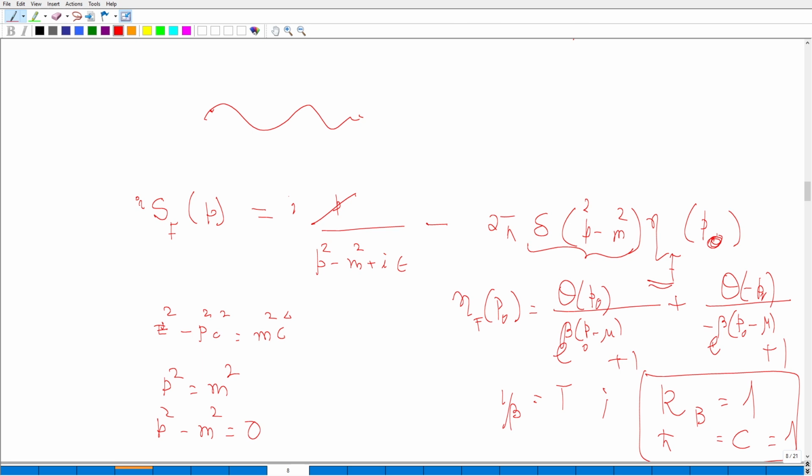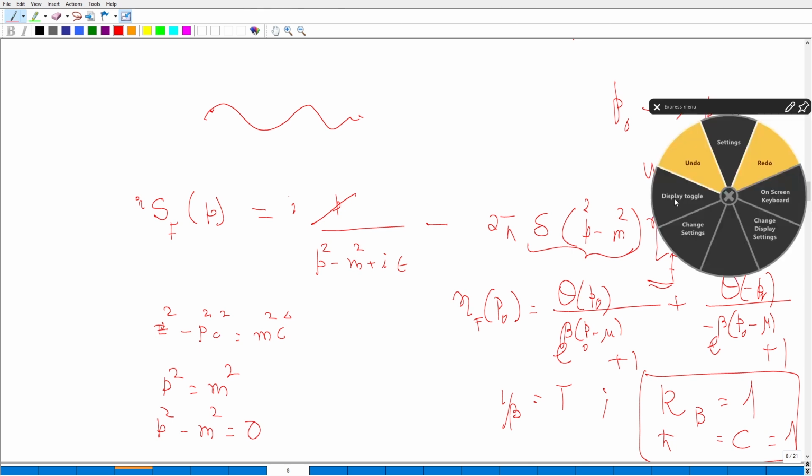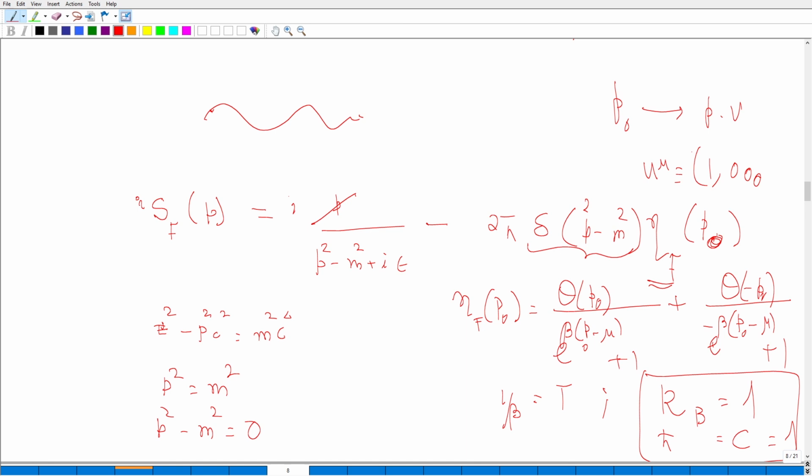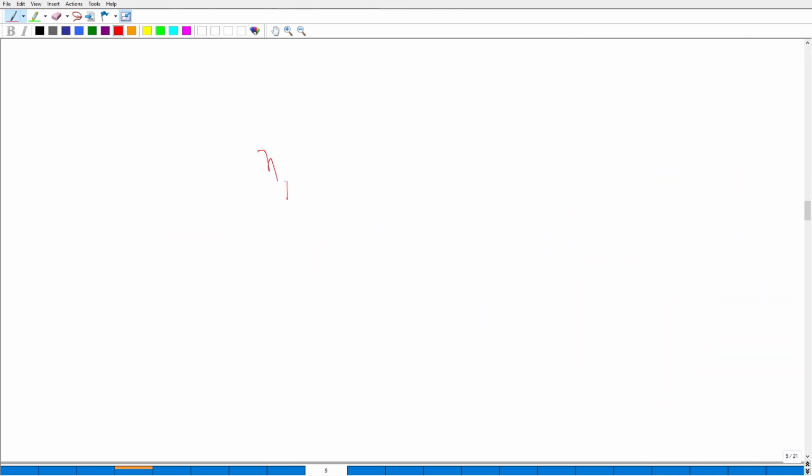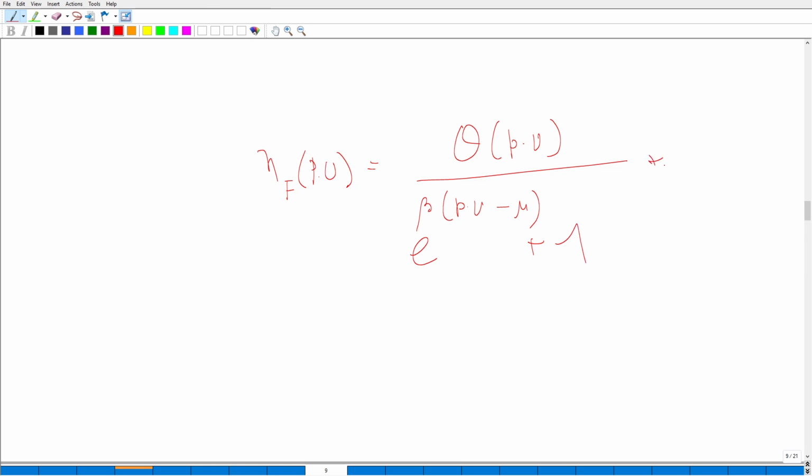And now you see, instead of writing p naught everywhere, if you replace p naught by p dot u, such that the u vector has only a non-zero component in its 0th component, then you can write this statistical factor eta f of p naught as p dot u theta of p dot u by e to the power beta of p dot u minus mu plus 1, plus theta of minus p dot u by e to the power minus beta of p dot u minus mu plus 1.